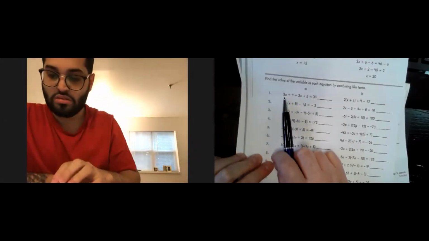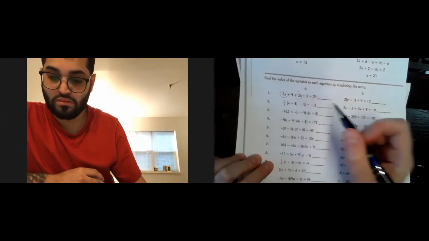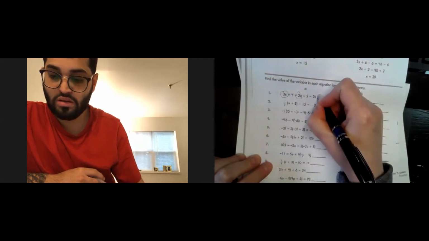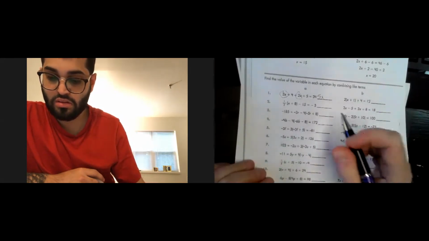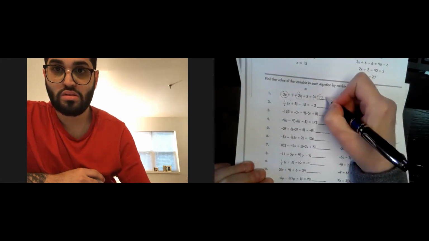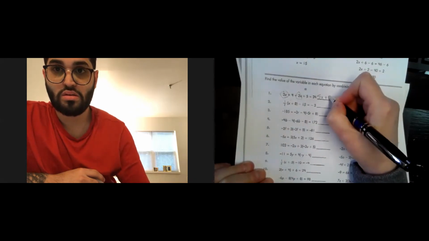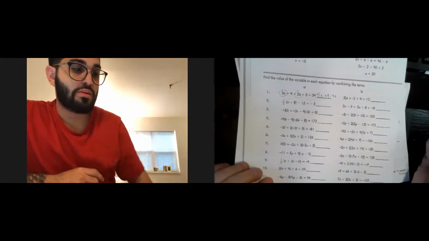So in number 1, you're going to combine 3x and 2x. It's 5x, because they're like terms, so they can be put together. And then the 4 and the 5, you combine those because they're just digits. Okay, I did it all wrong.